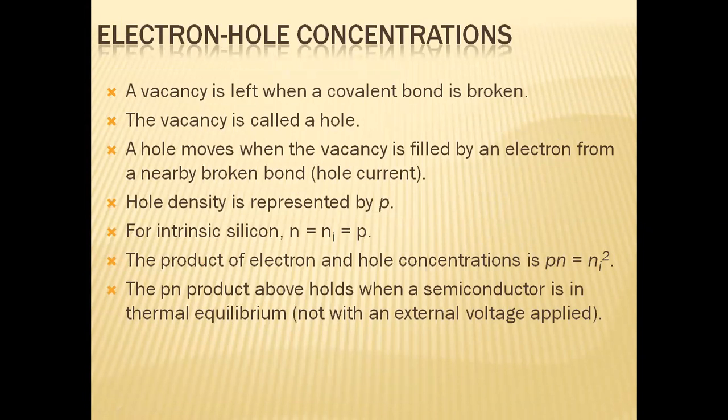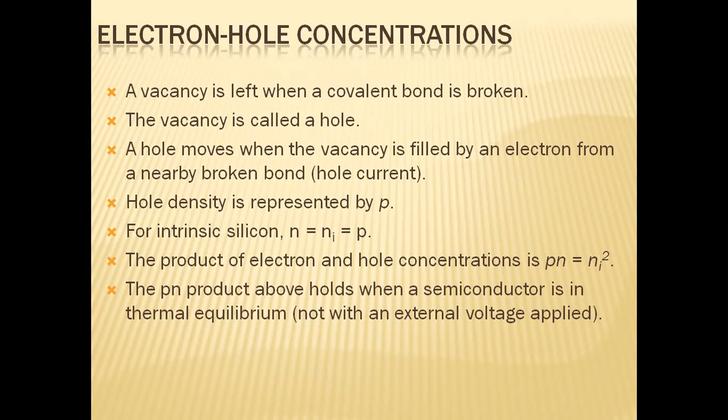Electron hole concentrations. What will be the situation that takes place in the charge when a vacancy is left and a covalent bond is broken? The vacancy is nothing but a hole. It is a recipient; we call it the universal recipient in electronic concepts, while the universal transmitter is the electrons.